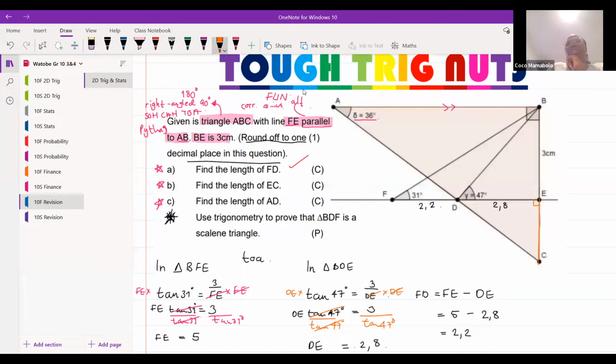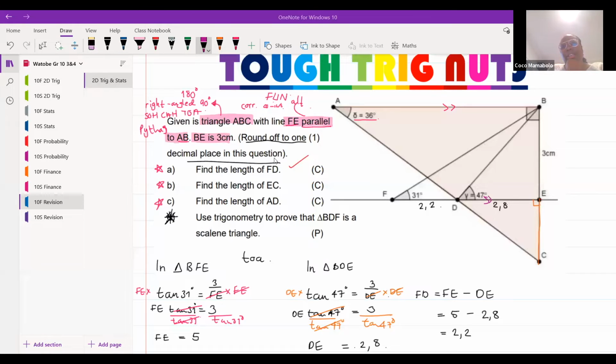Okay, what I want you to think about, my sweetie, is the fact that they've told us that FE is parallel to AB. Think about that. Look at the parallel lines. When we think about parallel lines, what kind of angles are we thinking of? Alternate angles. Correct, we're thinking of alternate angles, co-interior, corresponding.